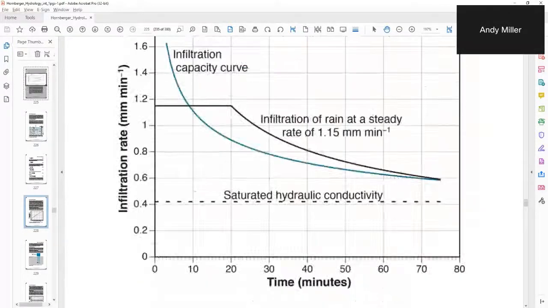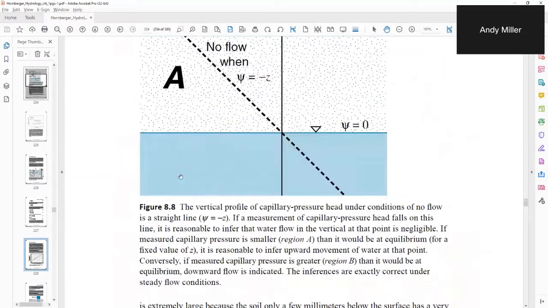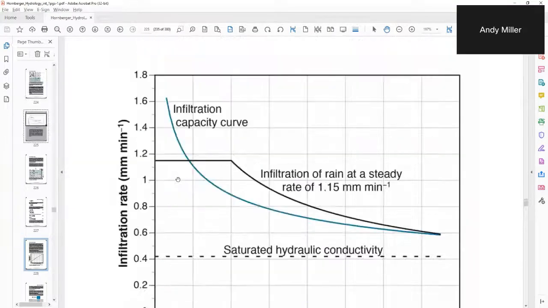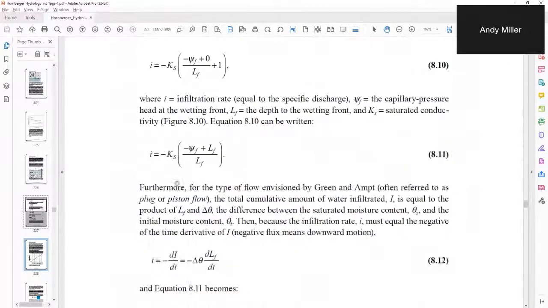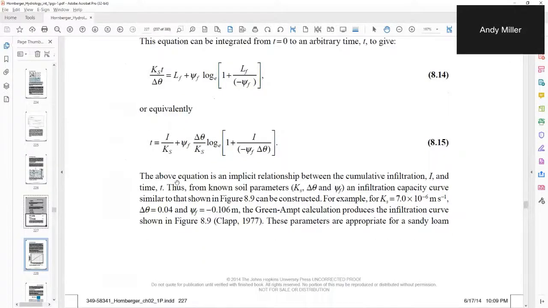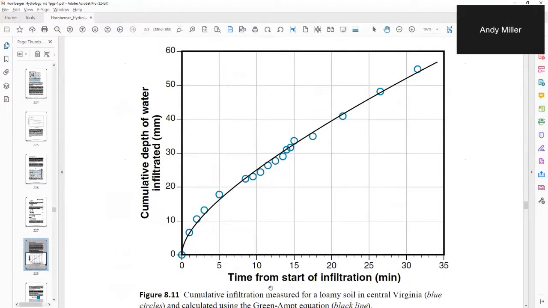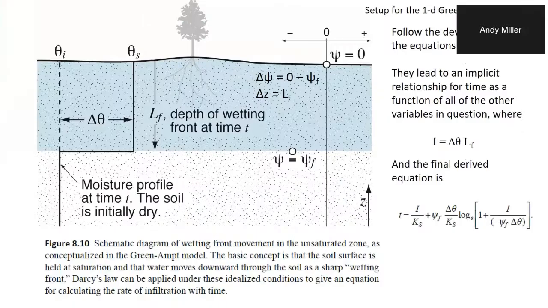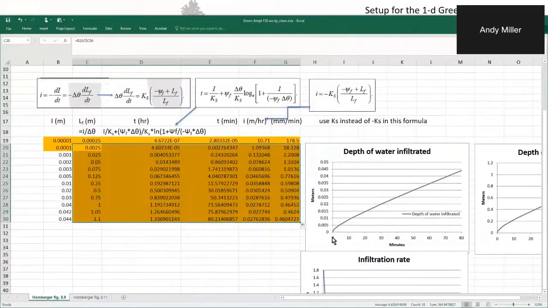So actually, we're trying to replicate the infiltration capacity curve. I thought there was another one here somewhere. Actually, I think this is the right one. This figure represents those same parameters. Here they fitted it to the absolute measurements. This goes out to 35 minutes. And actually, I think this is set the same way. No, that goes out to 80 minutes.